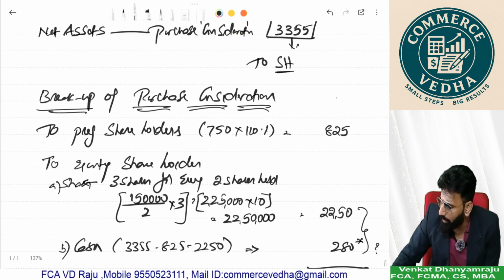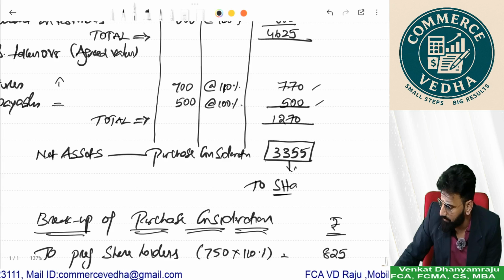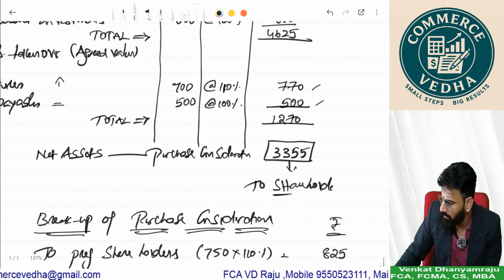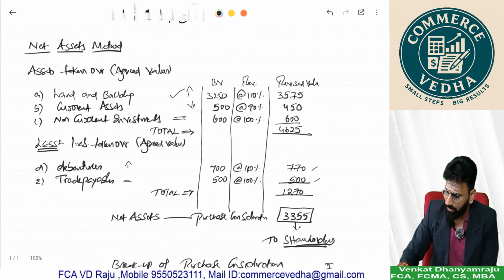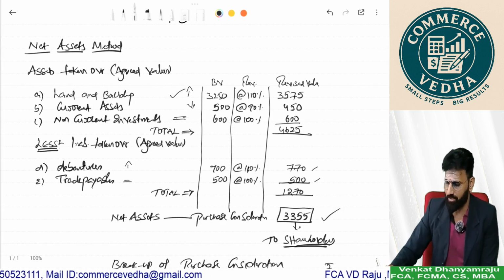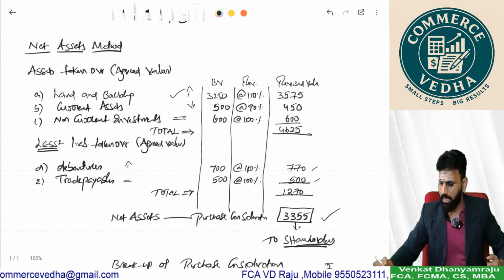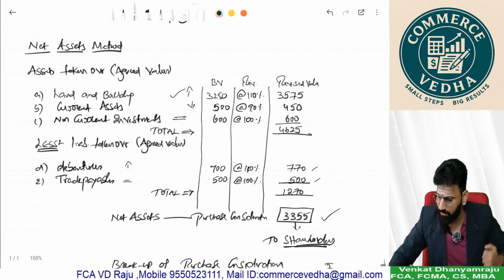So this is the breakup of purchase consideration, and this is the way how you present the answer. This is a working note. Computation of purchase consideration. Land and building taken at 110%. Current assets taken at 90%.